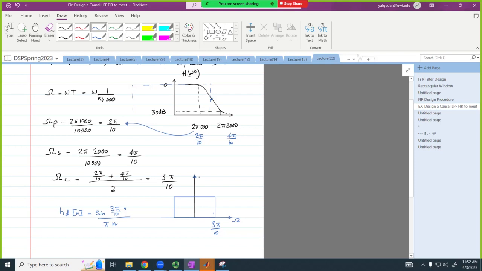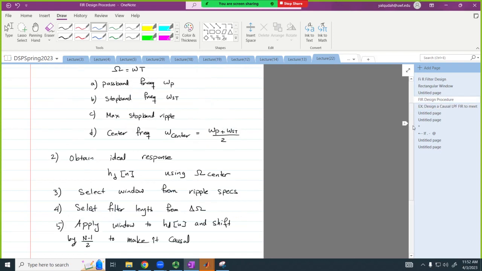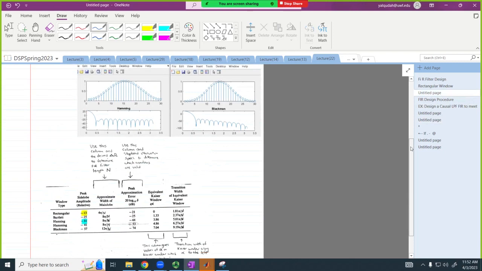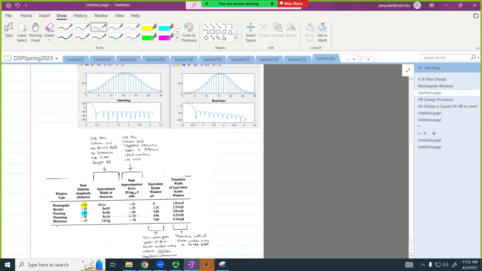We're going to look at the stop band gain, and the requirement: we want the attenuation in the stop band to be greater than 30 dB. Together? So therefore, we're going to go to the filter design table that we had here and look at the delta and see which filter is going to give us more than 30 dB in the stop band.